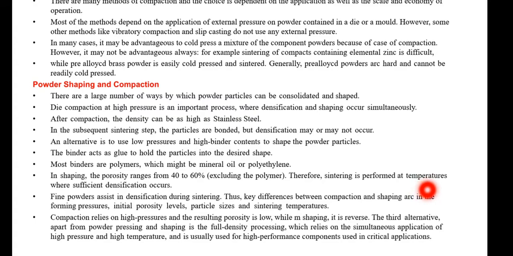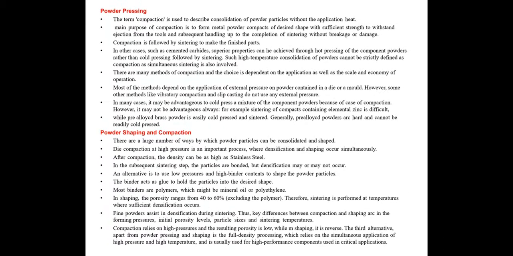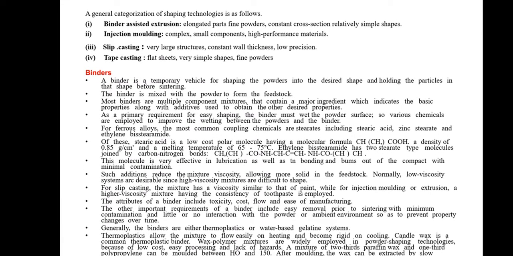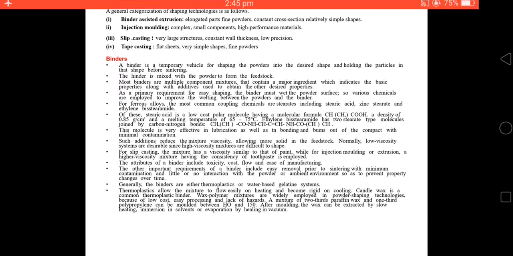Therefore, sintering is performed at a temperature where sufficient densification occurs, and fine powders help in densification during sintering. A general categorization of shaping technologies is as follows: binder assisted extrusion, injection molding, slip casting, and tape casting. We'll discuss these terms in the next video.